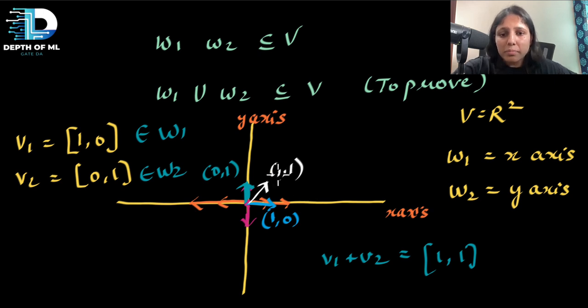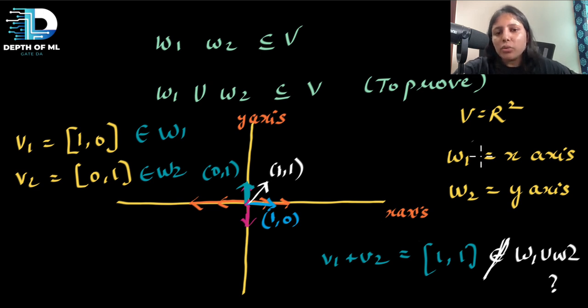So is (1, 1) part of the union? Does this belong to W1 union W2? So all the vectors here and all the vectors here only, right? So these vectors are not part of this. So this is not part of W1 union W2, and hence the union of any two subspaces might or might not be a subspace.